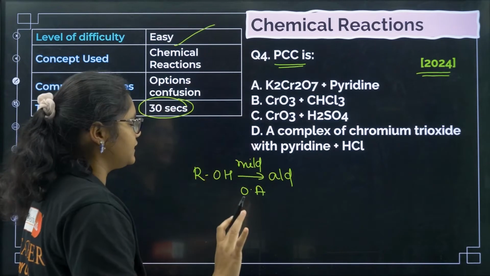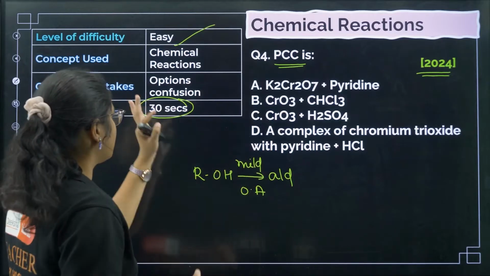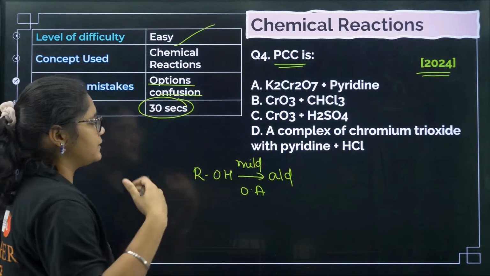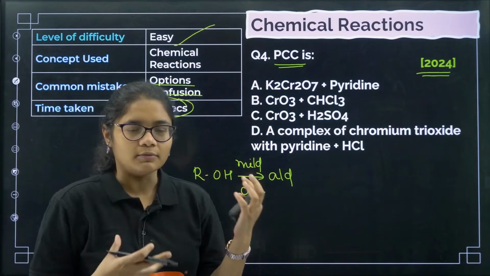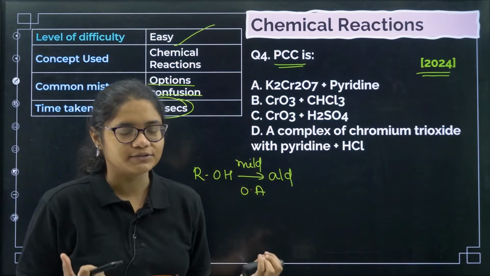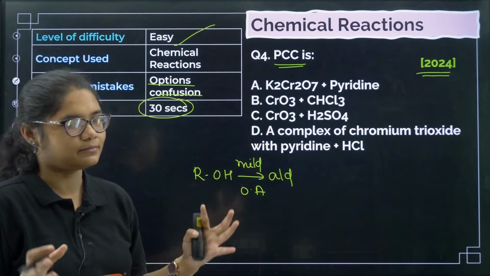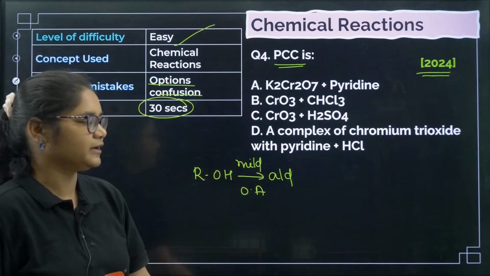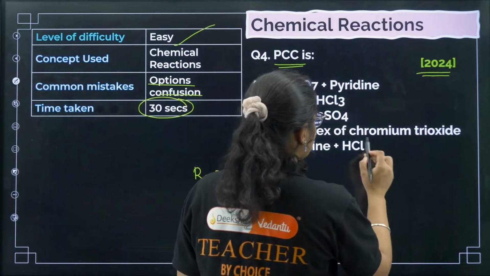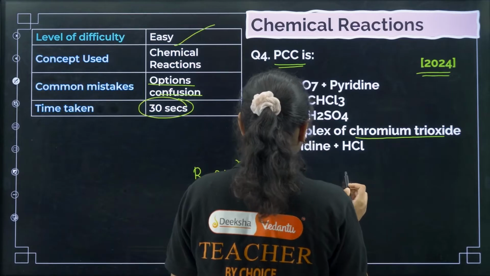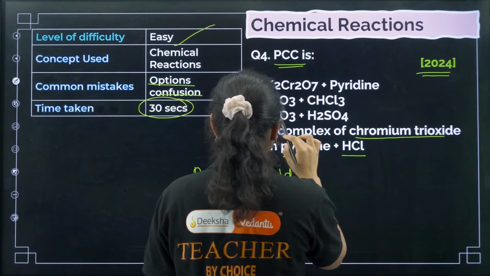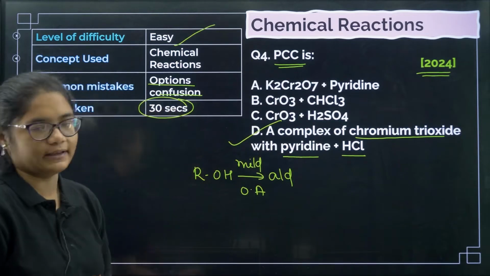In 30 seconds you can solve it very easily. Where you can make mistakes, if you are not very sure, the options may be similar, so there might be a little confusion, but students who are very clear can definitely do it. So that is a mixture of chromium trioxide with pyridine plus HCl. That is option number D here, okay?